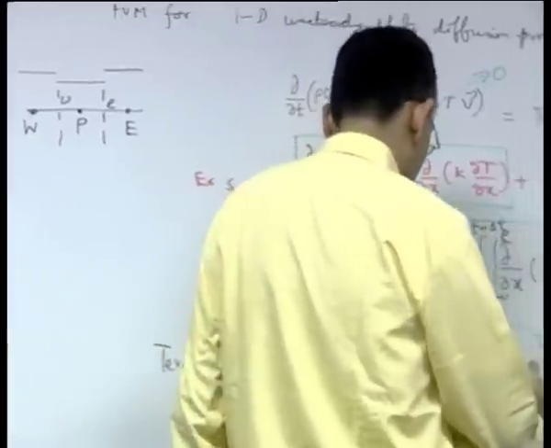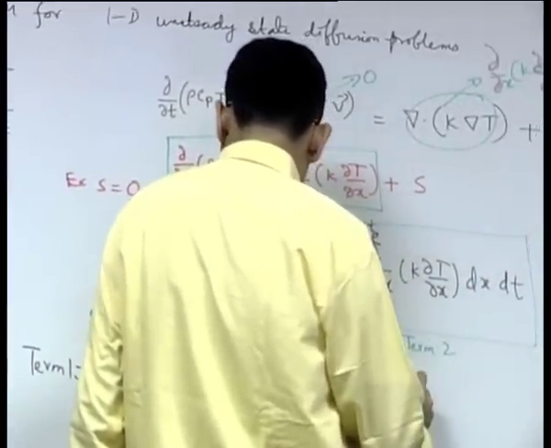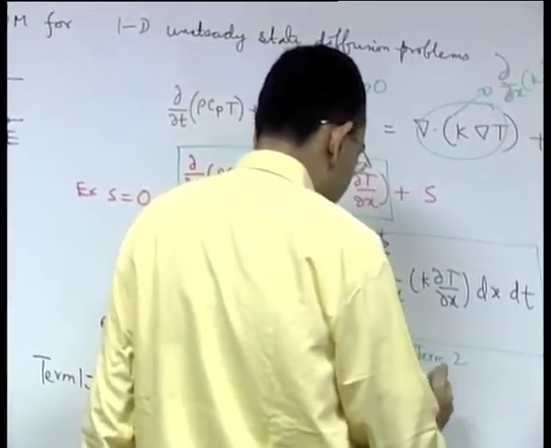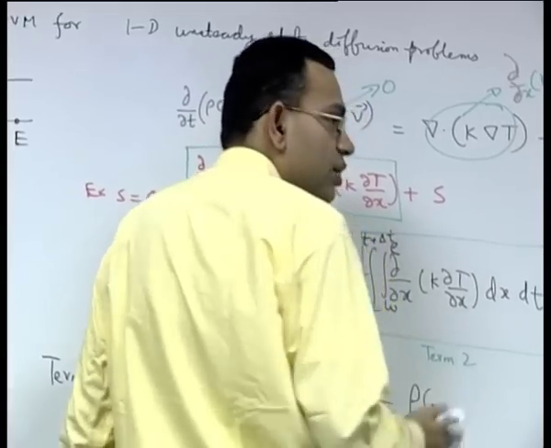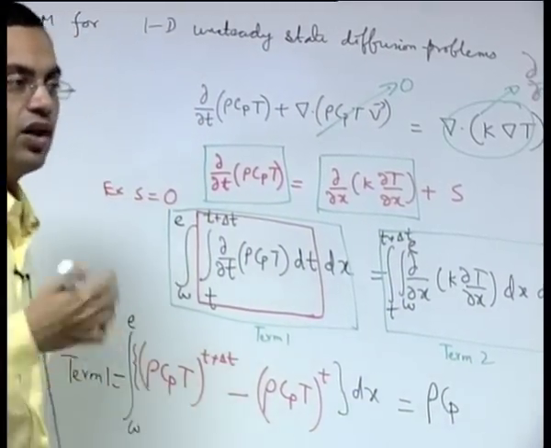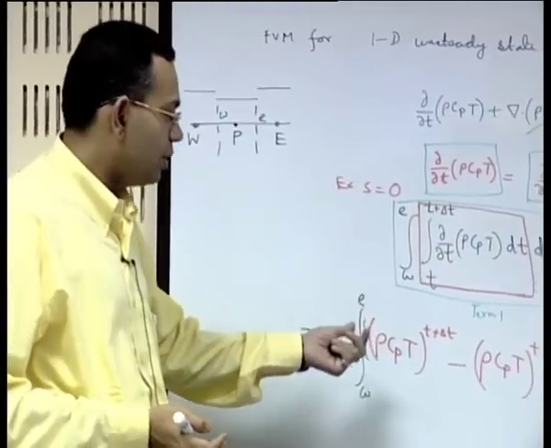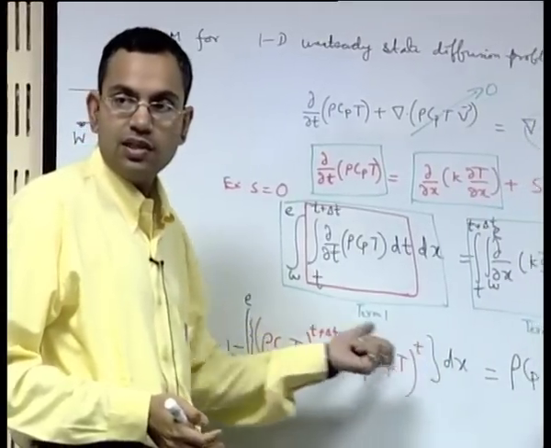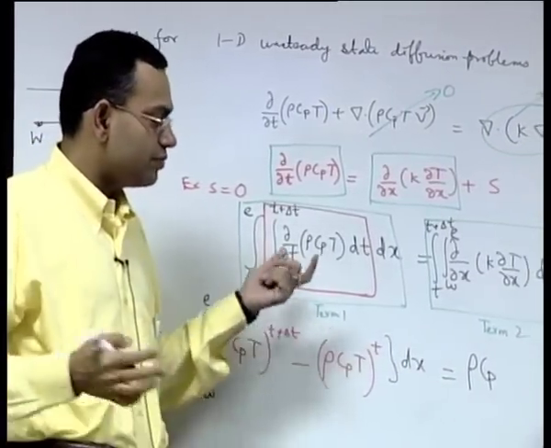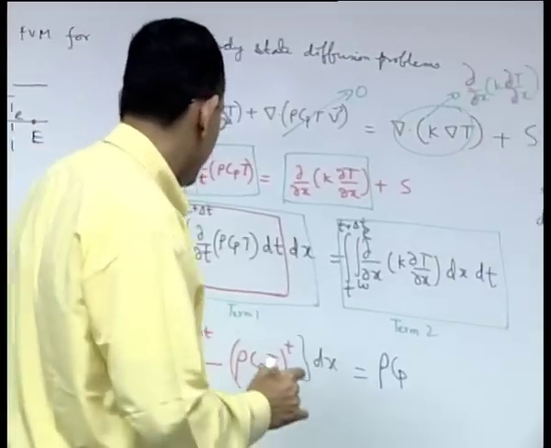So rho Cp, let us consider rho into Cp as a constant. It could also be a function of position and you just had to integrate it by considering some profile, but for simplicity let us assume that rho into Cp is a constant.